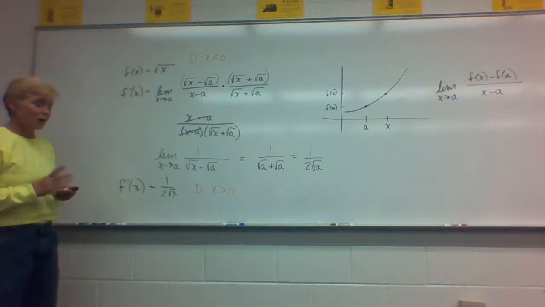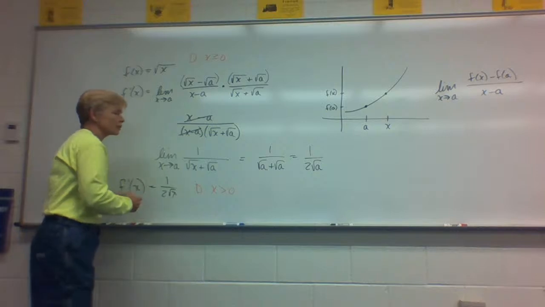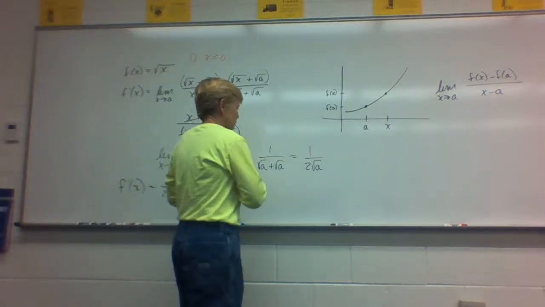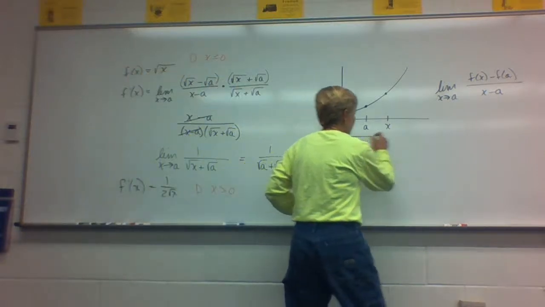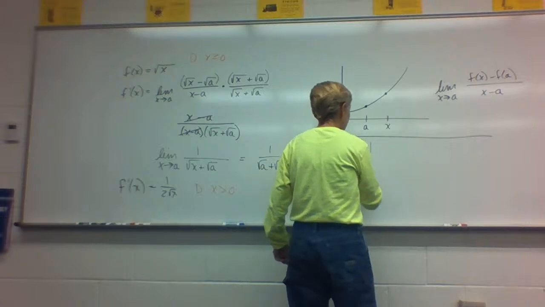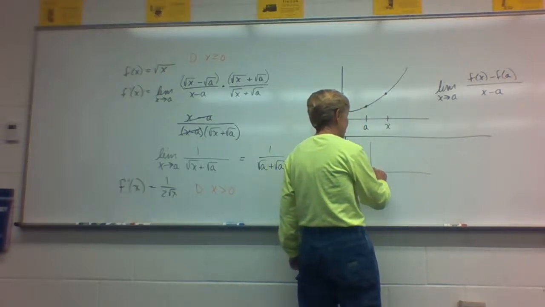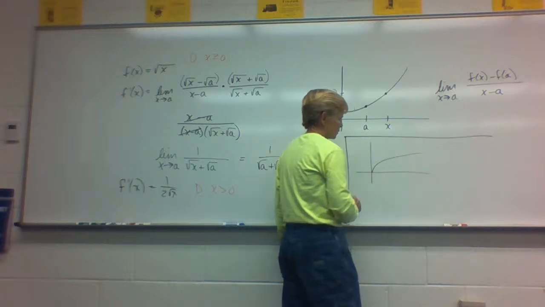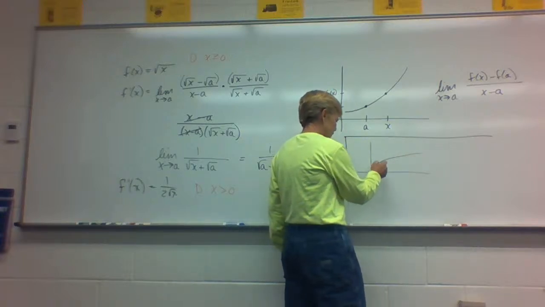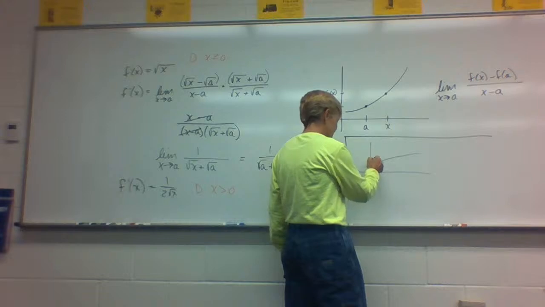Here's why. If you think about what the square root curve looks like, I'm going to put it over here because I'm running out of space. What does the square root curve look like? It looks like half a parabola opening outward, like this. Right here is 0. If you draw a tangent line there, what kind of line is it?